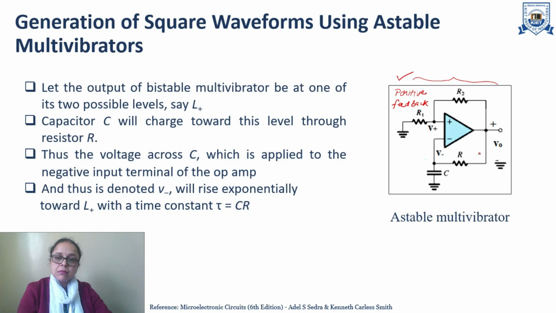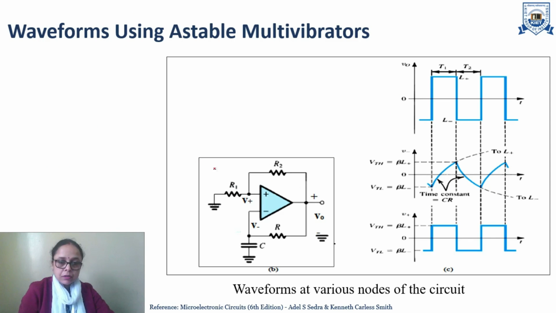In bistable multivibrator there was no R and C connection, but in astable multivibrator we have this extra circuitry of R and C. Now we will see how this circuit generates the square wave.